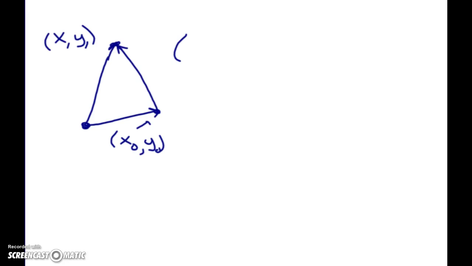So if I was at 6 and I wanted to get to 8, that's 2 steps, 8 minus 6. That's going to be x1 minus x0, comma, y1 minus y0.